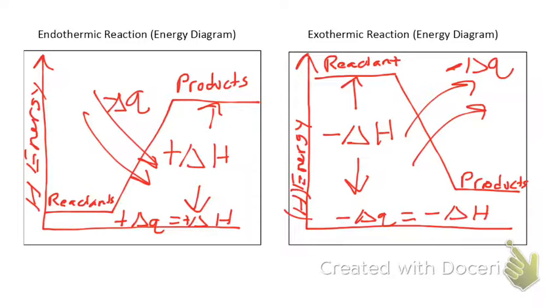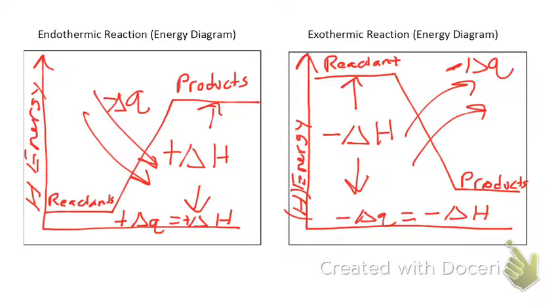Now, in terms of stability, we need to look at the stability of this overall idea between endothermic and exothermic reactions. Which one is a more stable process? Well, remember back at the beginning of this lecture video, we said that when the potential energy of the system decreases, it creates a more stable system.